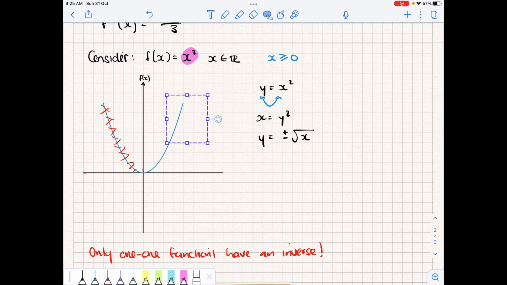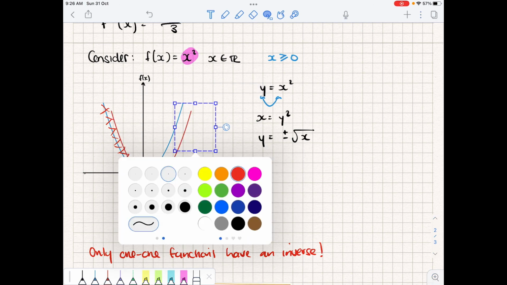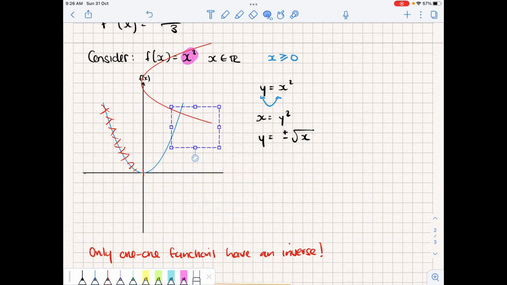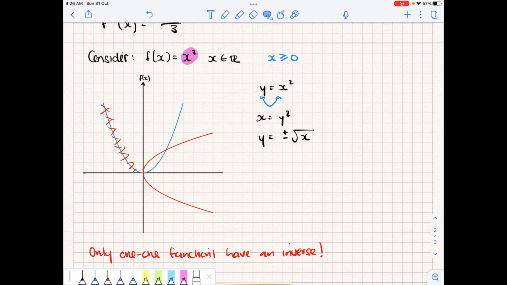So if I consider again taking this function, you'll notice there are two parts to this inverse function as well. So am I considering the top part or the bottom part? Do I need plus the square root of x or minus the square root of x?